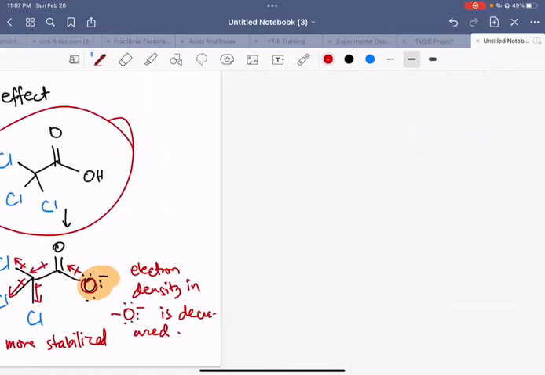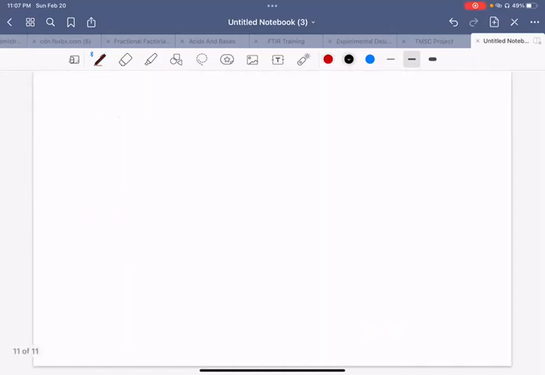And you can actually compare that when you have chloro-substituted acetic acids. For example, you have acetic acid here. You have the other chlorinated acetic acids.